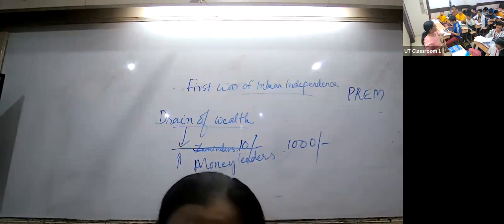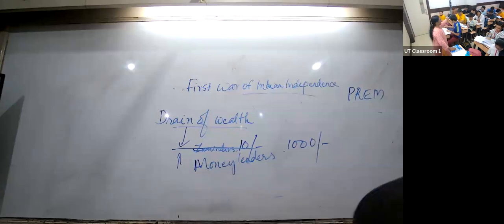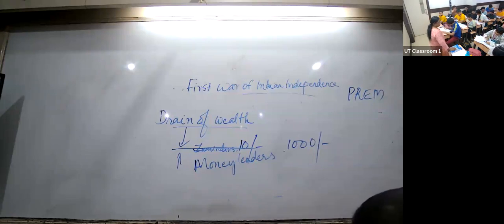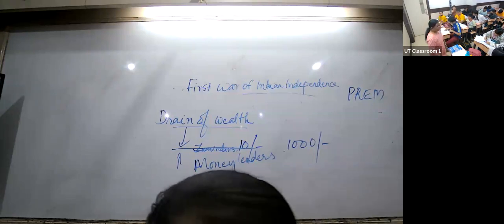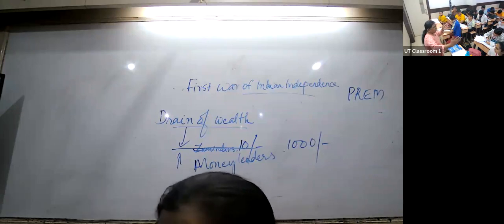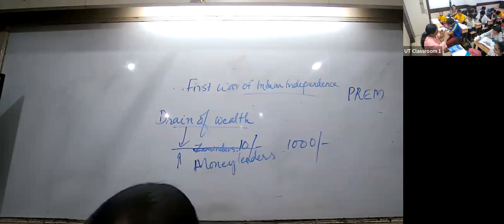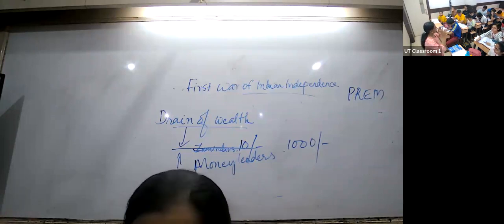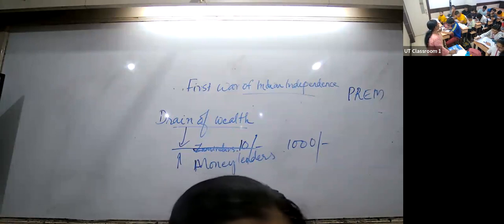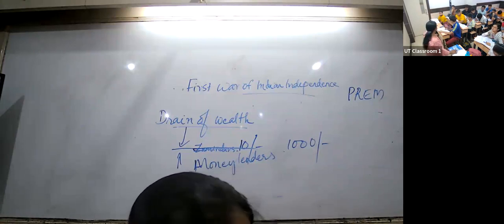Accordingly, what all changes were there? Governor General henceforth will be called Viceroy. Till that time, Governor General was there. Henceforth, he will be known as Viceroy. That was only the title change. Second, the Secretary of State for Indian Affairs was appointed.